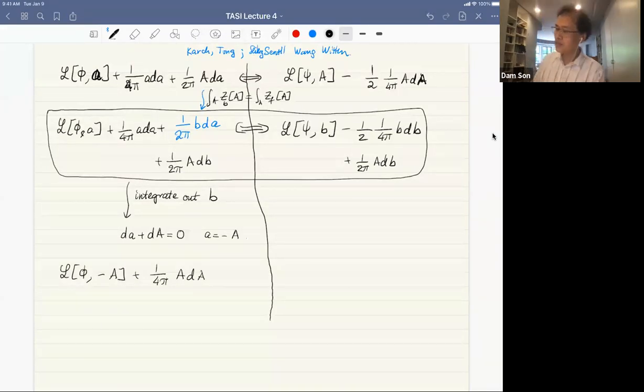You can check that is the case. So the left-hand side actually is a simpler theory now. It doesn't have a gauge field. The gauge field is integrated over. First, we integrate out B to get the constraint that A is equal to minus A, which is basically a delta function. And then we integrate over A, set it to be equal to minus capital A.